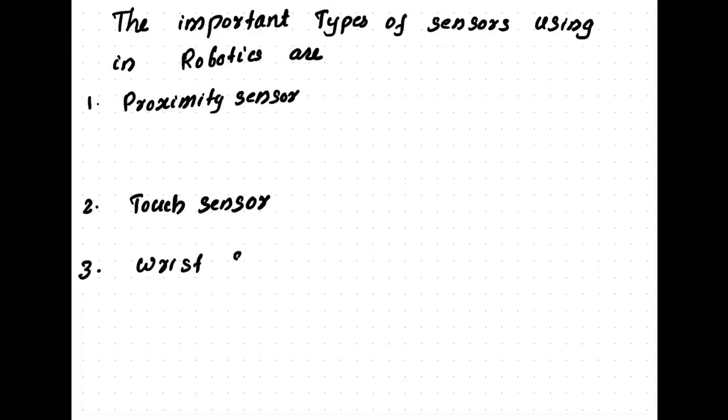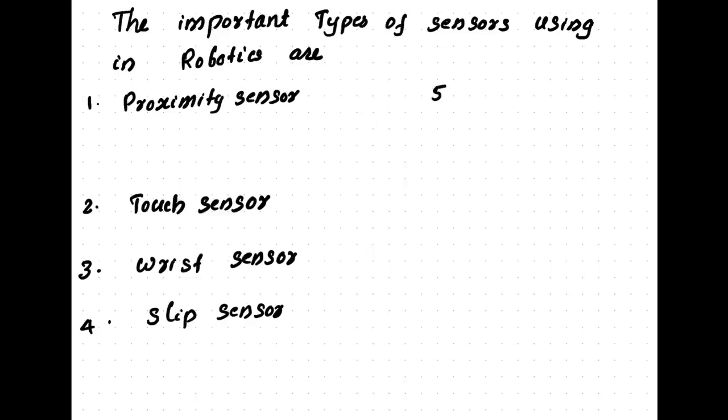The third one is press sensor, which is attached to the end effector to measure the force and torque acting on the end effector when it holds an object.